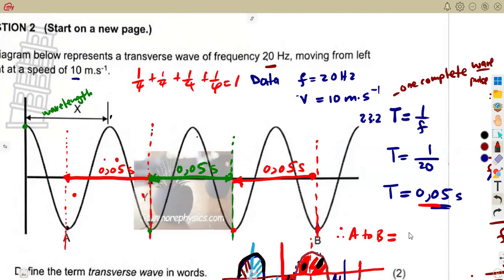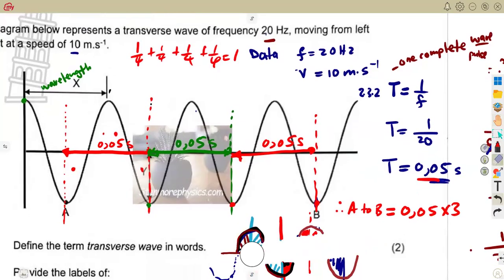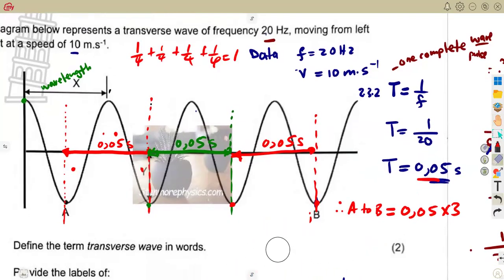How best can you indicate that? 0.05 times what? Times 3. There are 3 of them. We have got 3 complete cycles. That is what we can simply say in other words. We have got 3 complete cycles. So 0.05 times 3 was going to give us 0.15 seconds. Just like that.